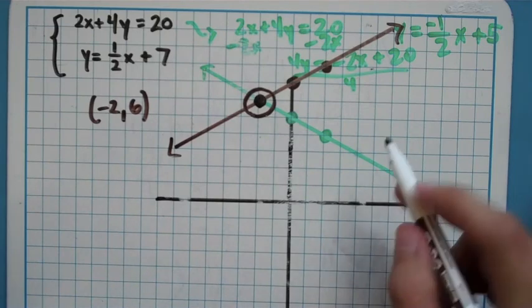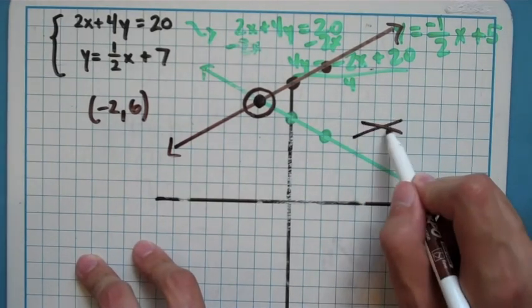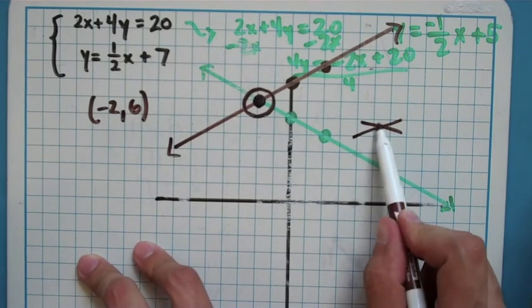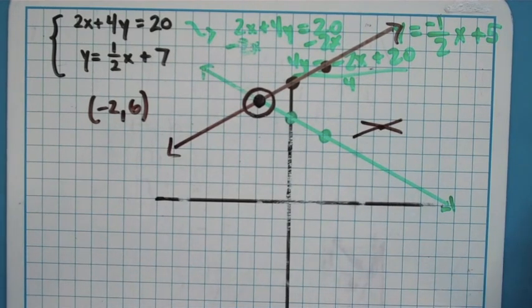But say the two lines cross like right here. That's not a point you could easily tell me just by looking at it. So graphing has its uses. It also has times when it falls short. But typically, if you're asked to graph a problem, and I'm grading you on whether you get the answer right, you should expect it to probably be a nice whole number or integer answer.